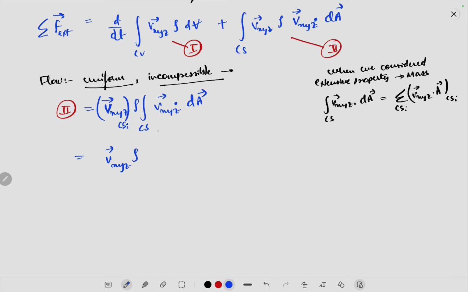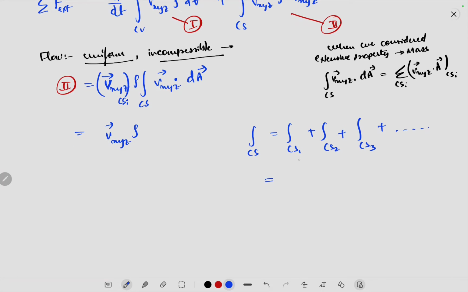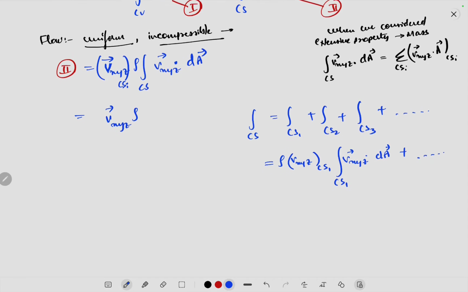So it's better if I write the integral over cs as integral over cs1 plus integral over cs2 plus integral over cs3 plus so on. Then I can write this as rho vxyz at cs1 times the integral of vxyz dot dA vector at that cs1, plus so on.